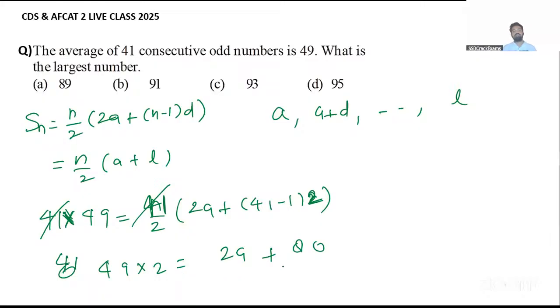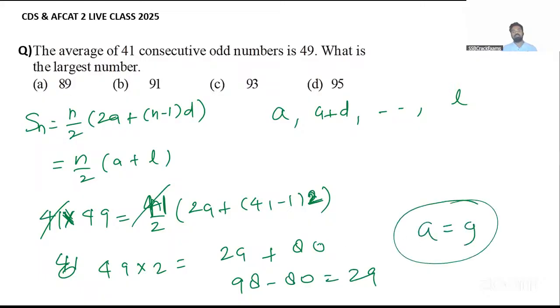That is 98 minus 80 is equal to 2a. So a is equal to 9. So the first number is 9.